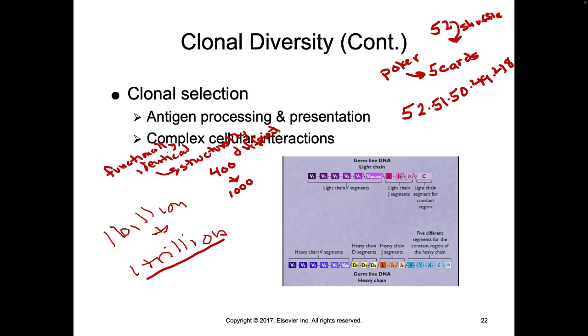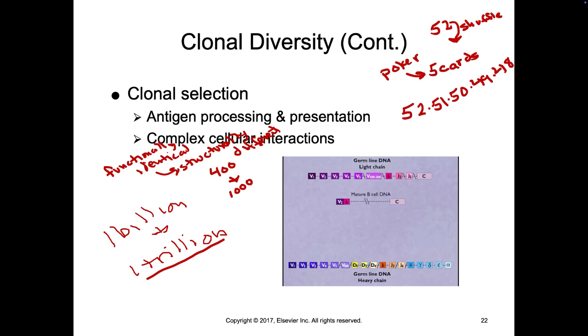As the lymphocyte divides during maturation, its genes are rearranged. DNA sequences are assembled by the random selection of V and J gene segments for the light chains and V, D, and J segments for the heavy chains. The constant region of the molecule is encoded by a single C or constant gene segment for light chains and 5 different constant regions for heavy chains.